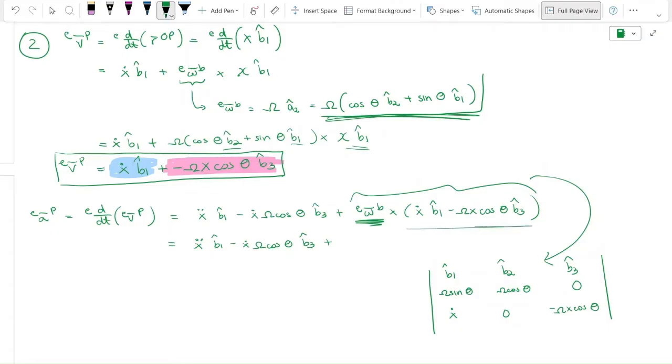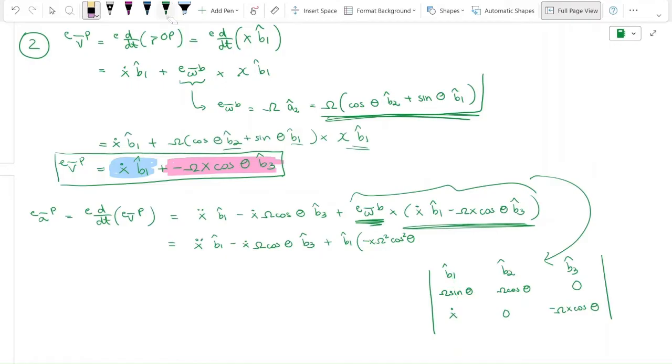This is the second row. If I cross out the first column, the b1 hat column, we get omega cosine theta times negative omega x cosine theta, which becomes negative x omega squared cosine squared theta, minus 0. And then we subtract from that 0 times 0, which is just 0.